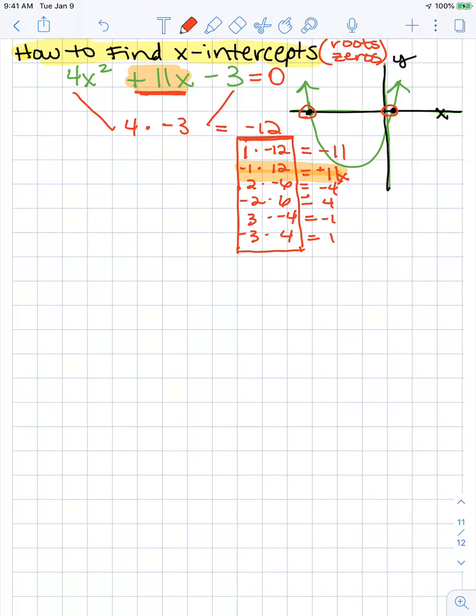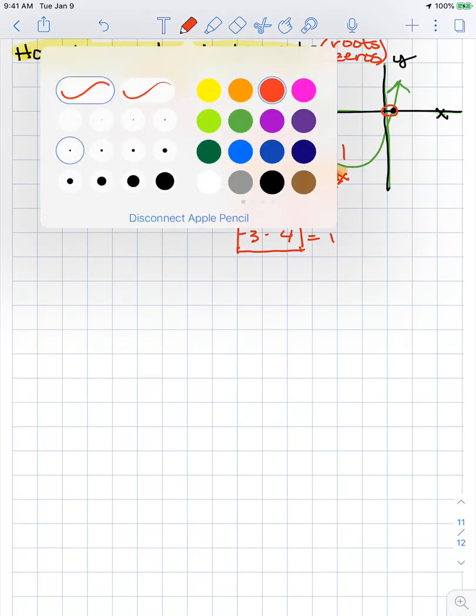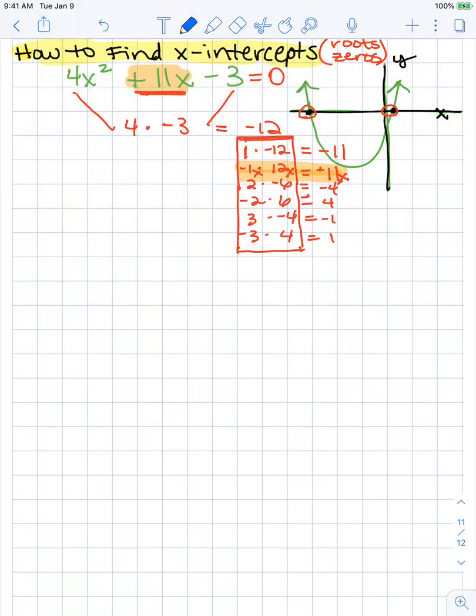So I'm going to make this a negative 1x and a positive 12x. And I'm going to do a substitution. So I'm going to swap this stuff out with this stuff right here.